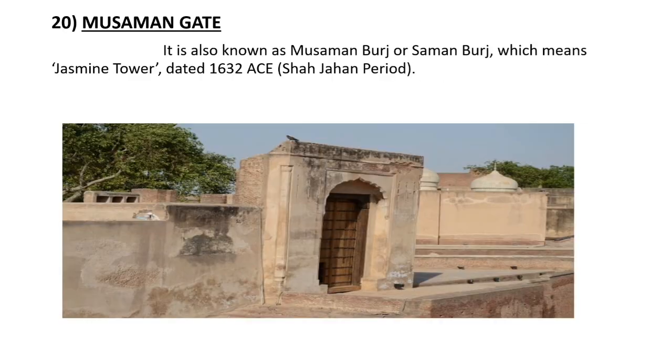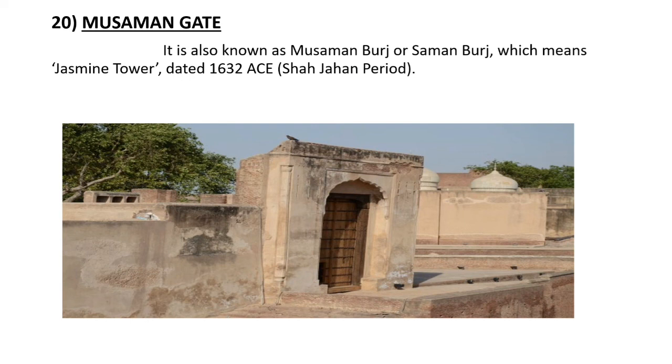Dear students, this entrance was constructed in the time of King Shah Jahan, dated to 1632, and it is called Musamman Burj or Musamman Archway or Jasmine Burj. This was used for the nobility and for the common people.